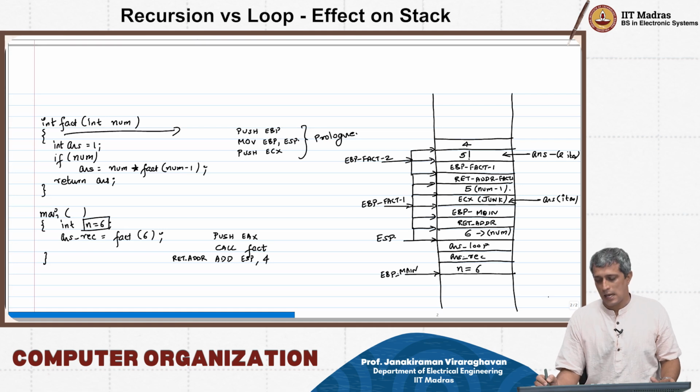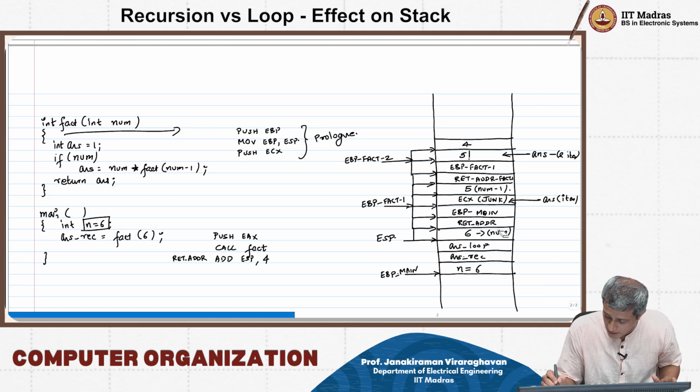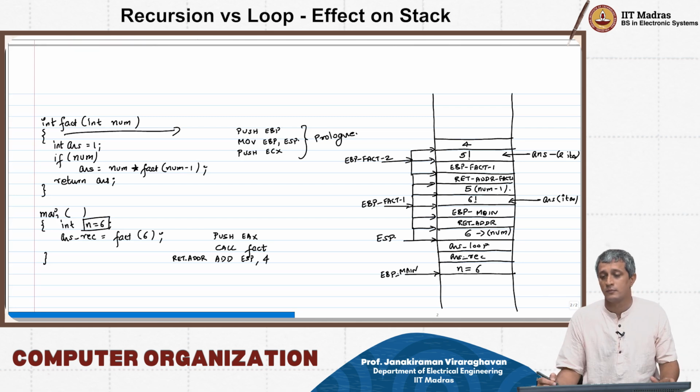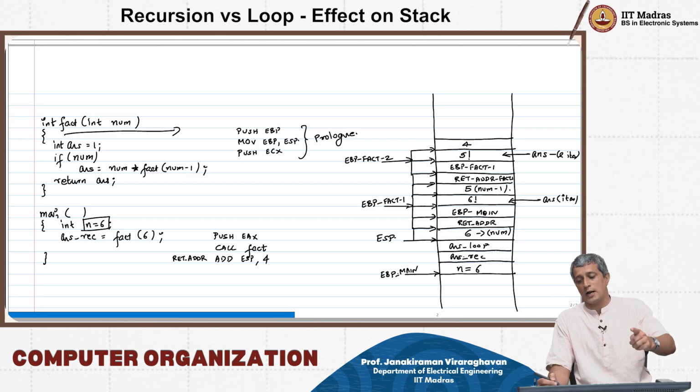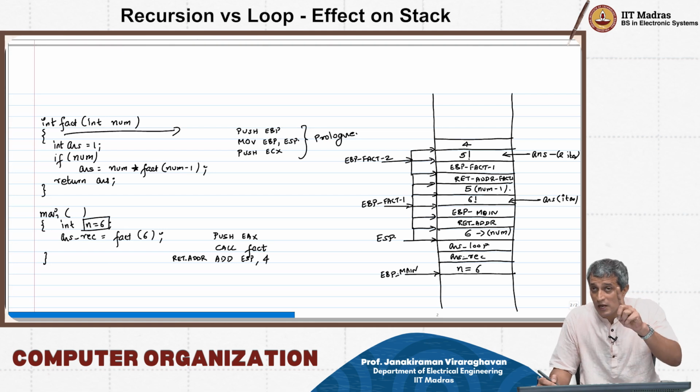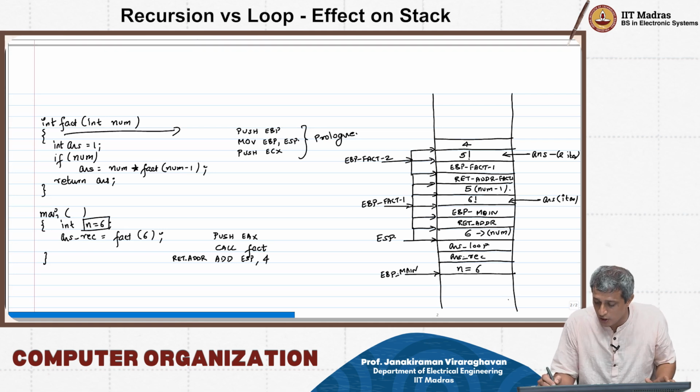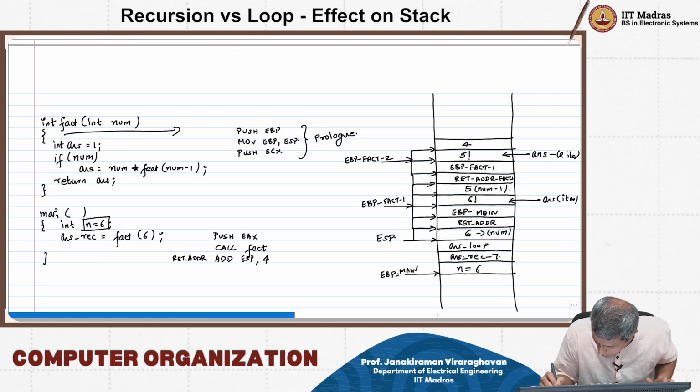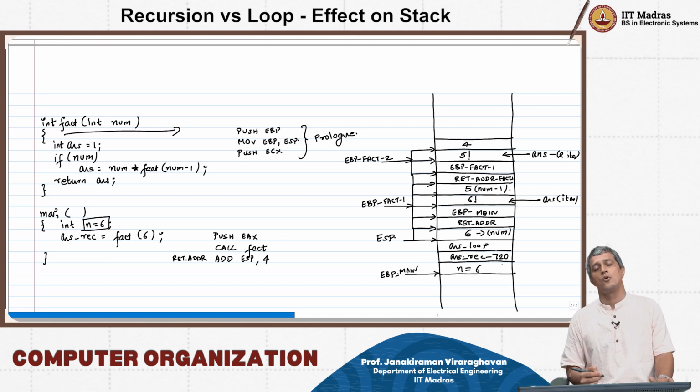After 5 calls, finally, after 6 calls, you will have the local variable here as the 6 factorial answer. And finally when you come back to main, EAX will have the value 720 in it, and that will be loaded into the answer here, 720.